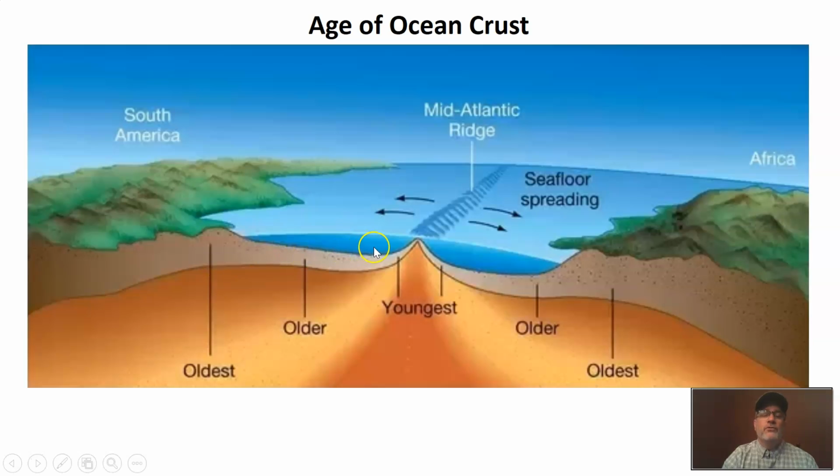So the sea floor is continually recycling itself. It is not the same age everywhere, which is a little strange to think about. We're going to find the youngest oceanic crust right here, right next to our plate boundary, and as we move further away, it's going to get older and older and older.